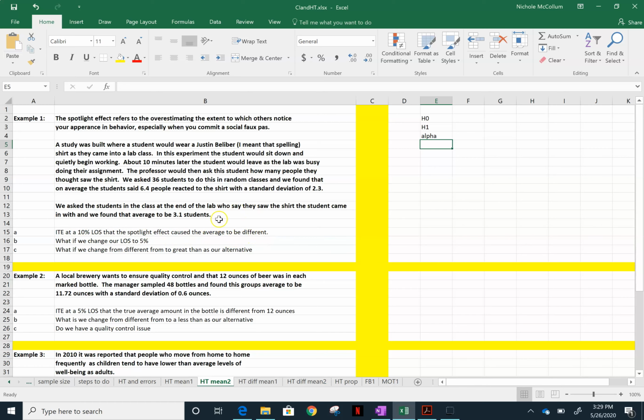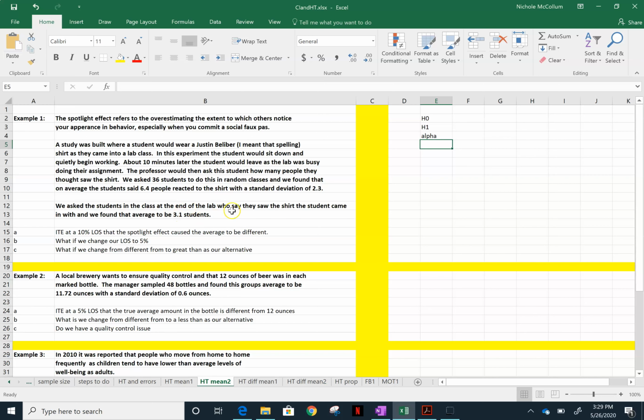What do you mean by cause the average to be different? Well, what we have is the student's average versus the class's average. And we're wondering, is there that much of a difference between them? Again, we have the class's average, which we'll take as our national average, our norm.